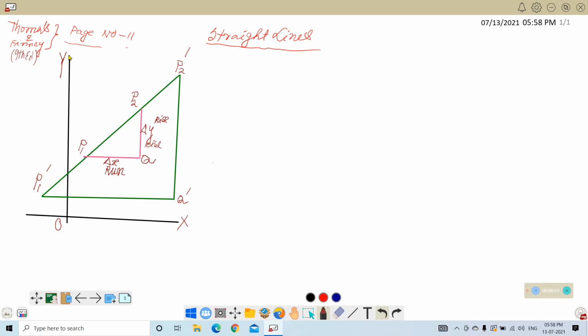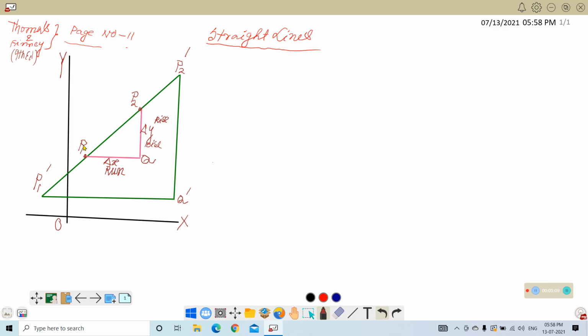This is our coordinate system, OY the y-axis and OX the x-axis. This is the origin. There are two points, P1 and P2.